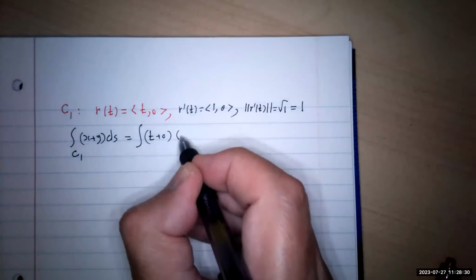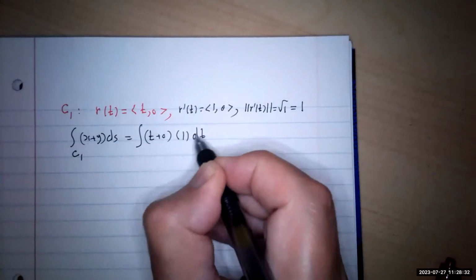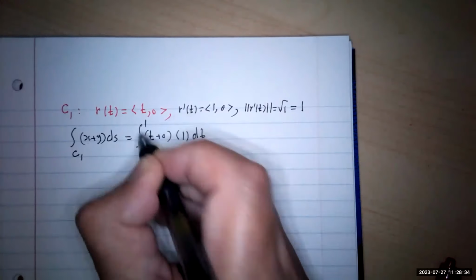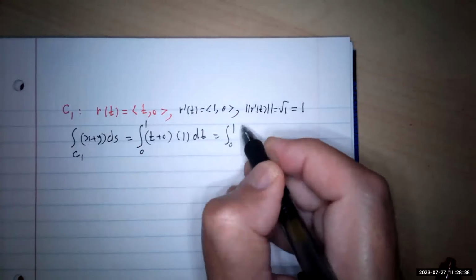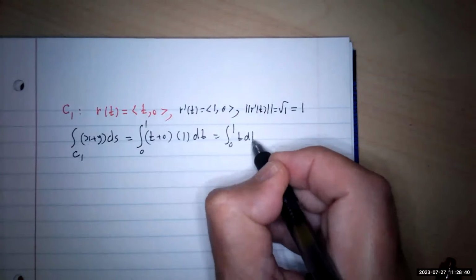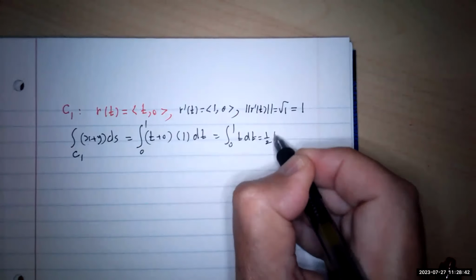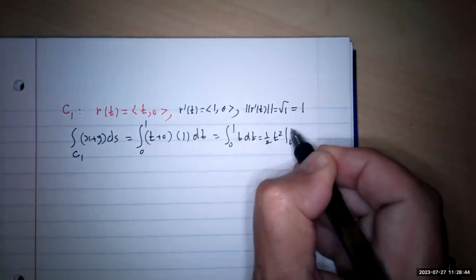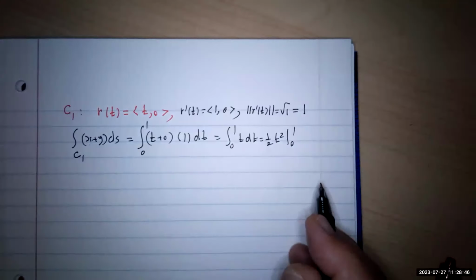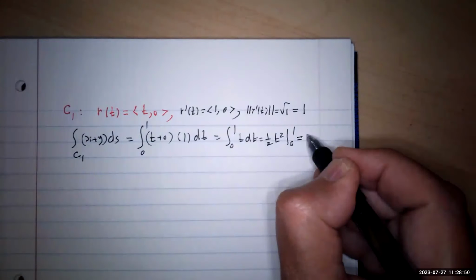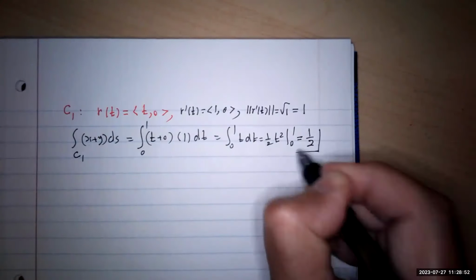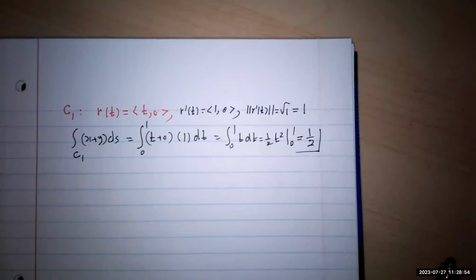So it's going to be 1 dt, with t going from 0 to 1. Basically you're integrating from 0 to 1 of t dt, which is 1/2 of t squared going from 0 to 1. Then you substitute. So the result would be 1/2. So this is the integral of the first part. Any question?